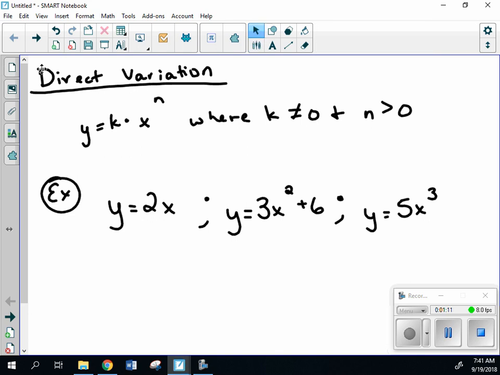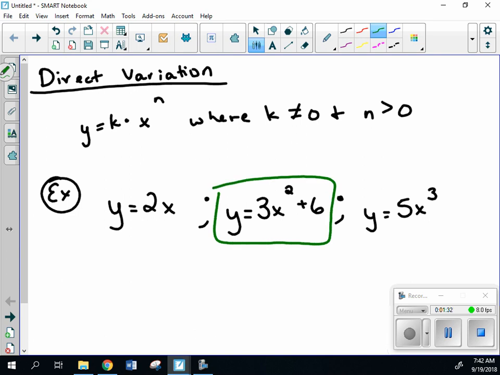So when we have our x, it doesn't matter what the exponent is, so long as it's greater than 0. The left, the middle, and the right all have exponents that are greater than 0. We have 1, 2, and 3. So that's not what's going to limit us here. But this one right here has a plus 6.